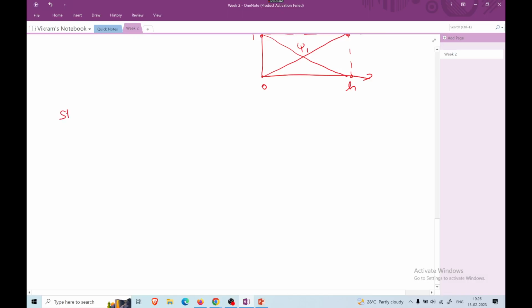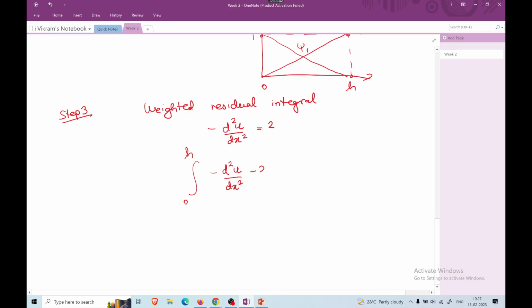Step 3, weighted residual integral. We have minus d square u by dx square equal to 2. I am going to do the weighted residual integral as integral from 0 to h, for an individual element, of minus d square u by dx square minus 2, into w dx, equal to 0.